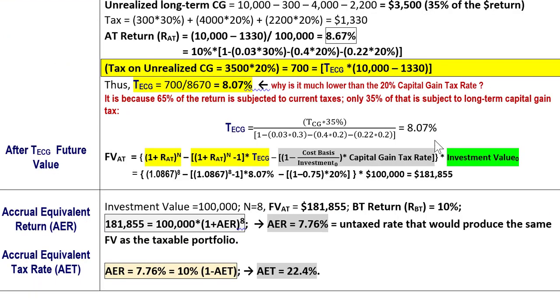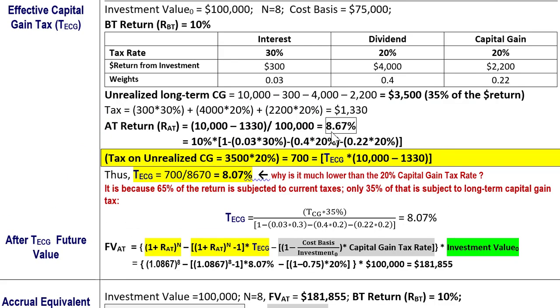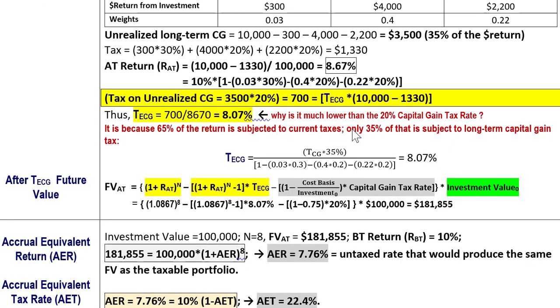So that's the effective long-term capital gain rate. What is the purpose of that? Remember, previously we already discussed that this 8.67% after-tax return is biased. We need to calculate the true after-tax return.